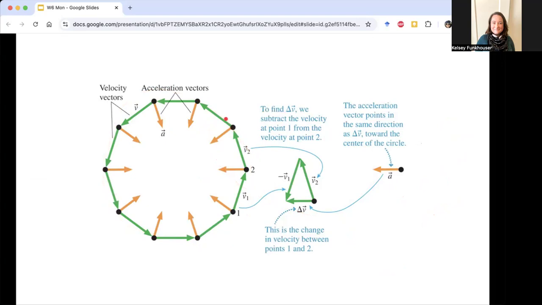And it looks like they picked these points, but we could pick any points on the circle to do vector addition, subtraction, really. We find that no matter what 2 points you pick, the acceleration points toward the center of the circle.